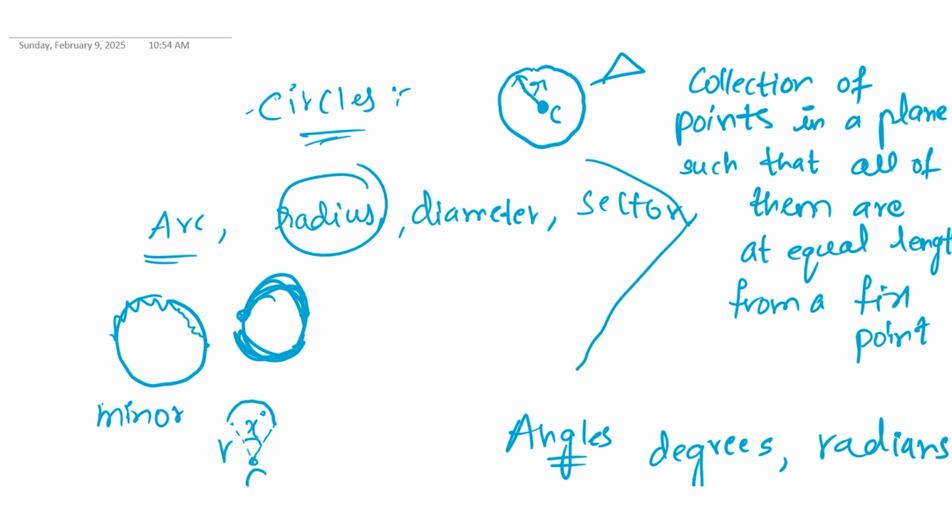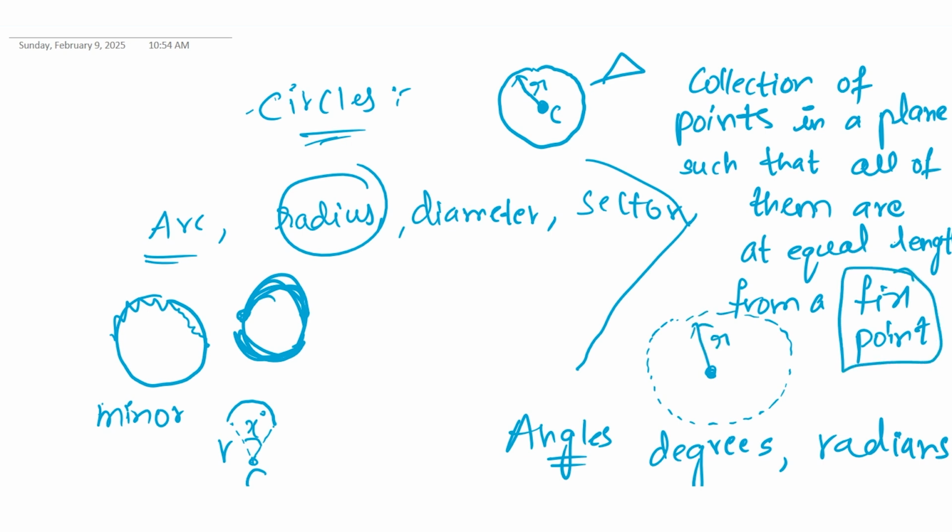Let's say there is a fixed point here, and all of those points are at a fixed distance. That makes it a circle.